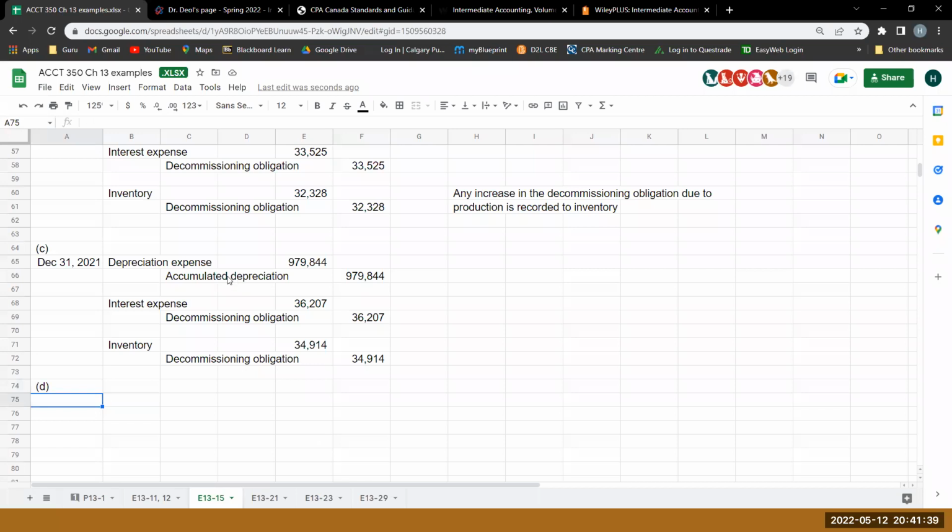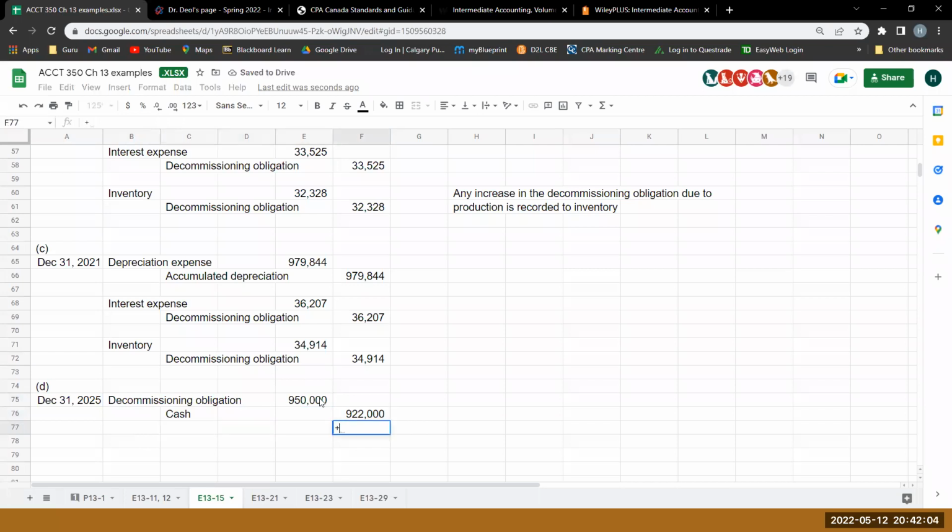So if you set that up as a journal entry, December 31st, 2025, you want to debit your decommissioning obligation, $950,000. We settle it by paying cash of $922,000.